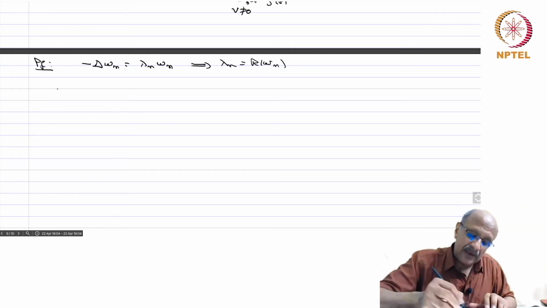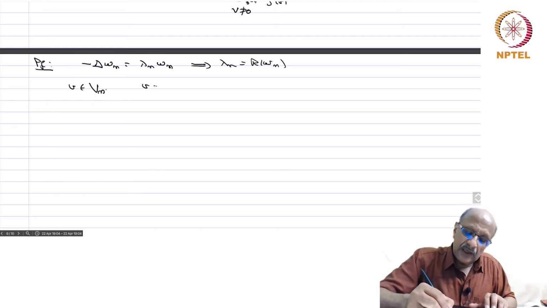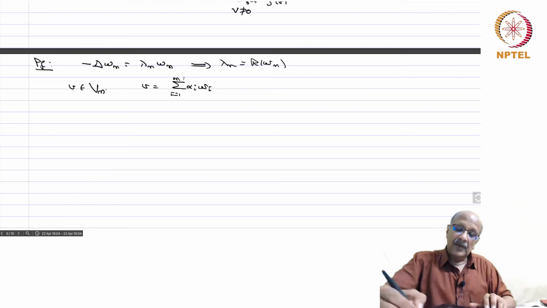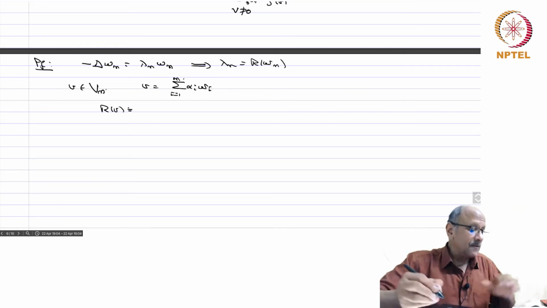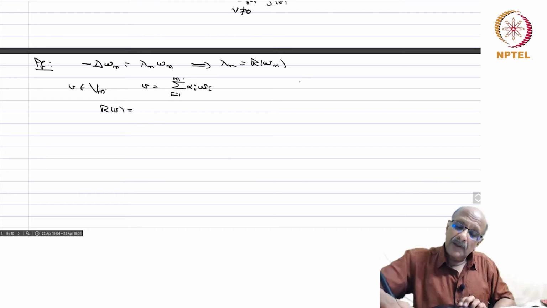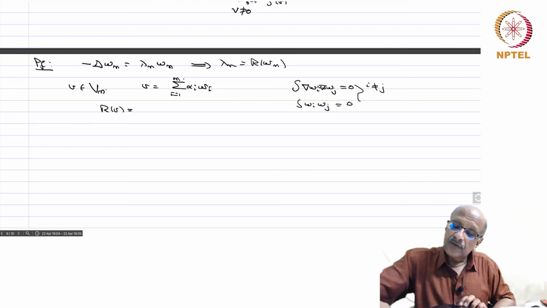Now, let us take any v in Vm. So, v can be written as the sum of αi wi, i equals 1 to m. If you then compute the Rayleigh quotient R(v), you must remember that the integral of ∇wi·∇wj equals 0 if i is not equal to j, and the integral of wi wj is also 0 if i is not equal to j.